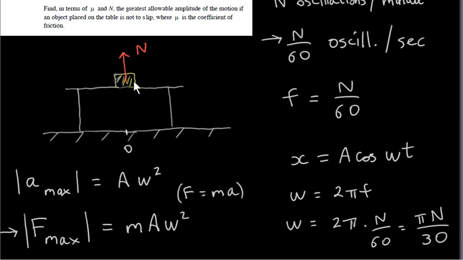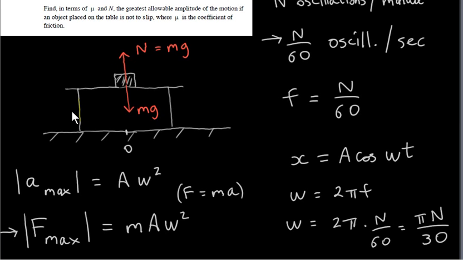Since the object does not accelerate in this direction, we have another vertical force acting on the object, that is its weight, its mass m times g. Since we're dealing with a horizontal surface, these forces must cancel out, so N must equal mg. The friction force depends on N, so essentially it depends on the weight of the object.